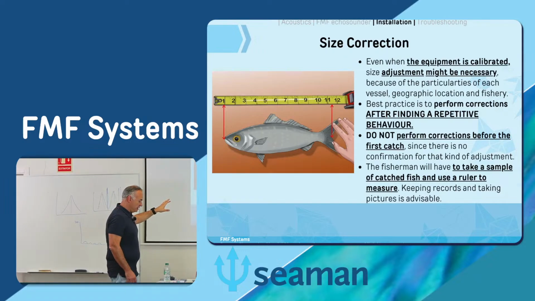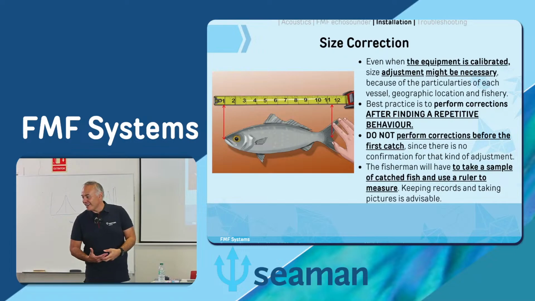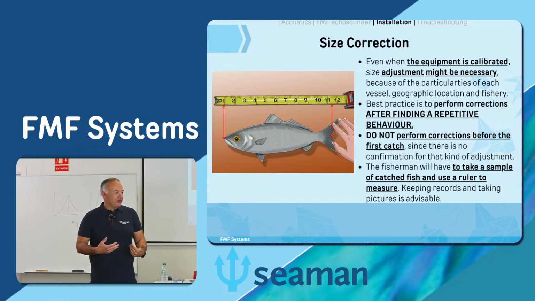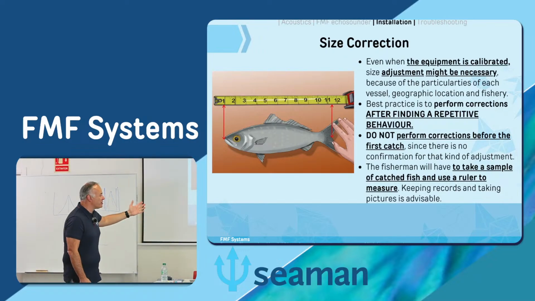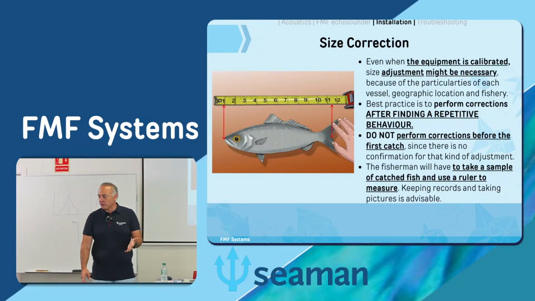And then we cannot do it like selling a GPS or a VHF radio. We have to deal with the adjustment. This is something that comes with selling target strength measurement equipment. It's not like selling other equipment.